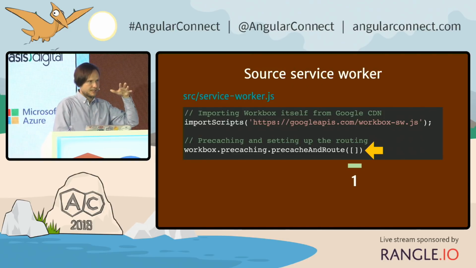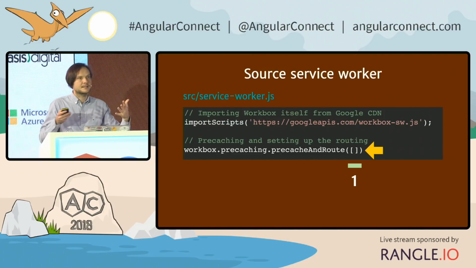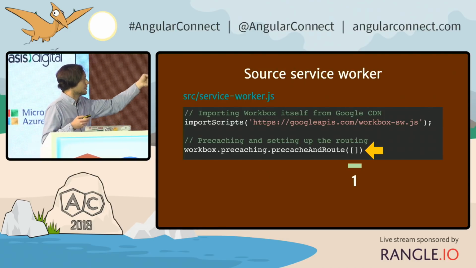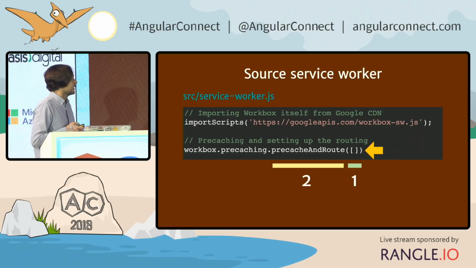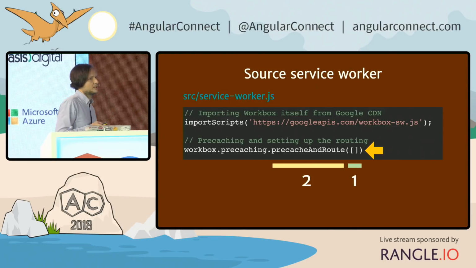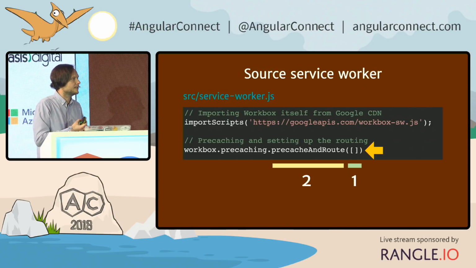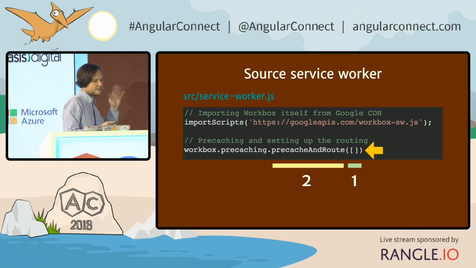First, it builds this array, and second, it does simple file operations by replacing the empty array with what we just saw. The rest is done by the precache and route methods of the precaching module. So it's fully responsible for downloading files, serving files, updating files, wiping old caches, everything.